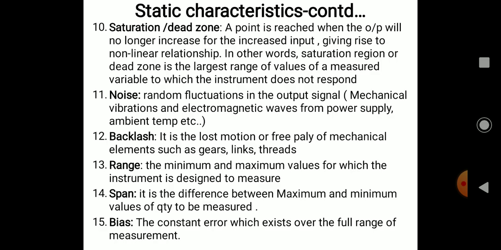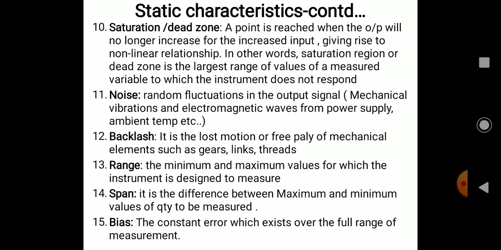Bias, the constant error which exists over the full range of measurement, that is biased error. Suppose a micrometer, if both anvils coincide, actually we expect it should read 0. Suppose there is an error of 2 divisions, 0.02 mm.